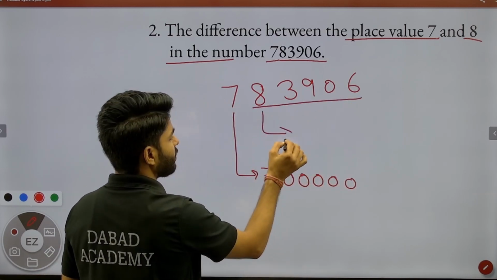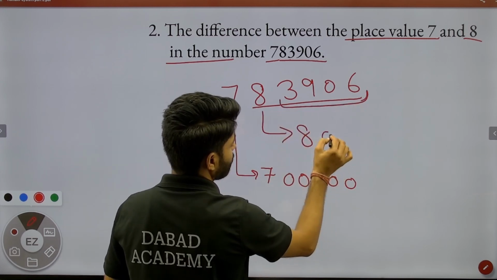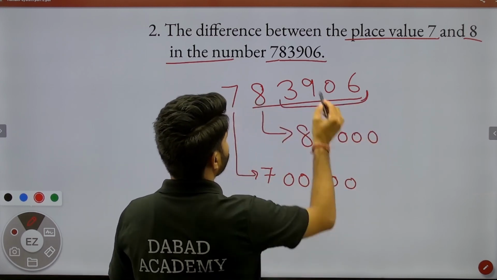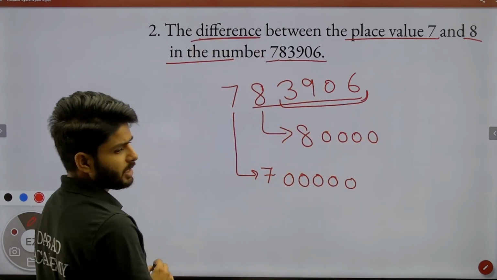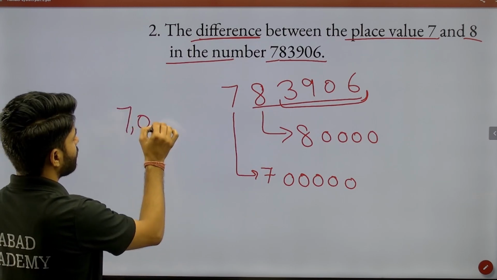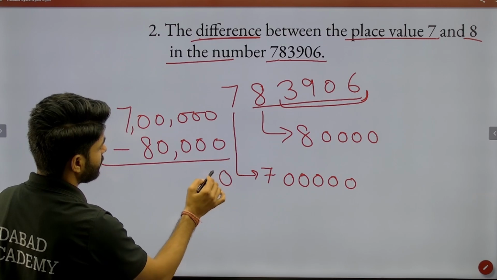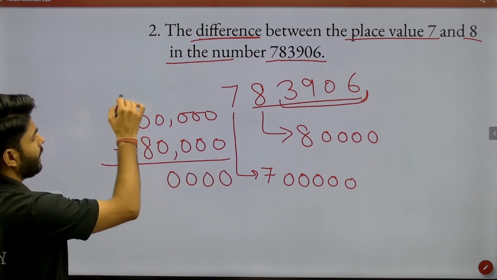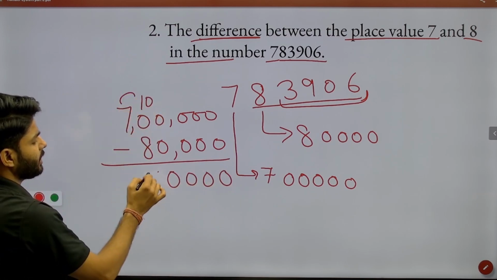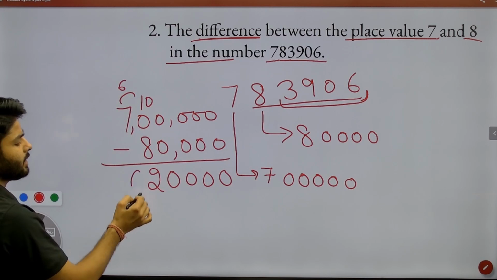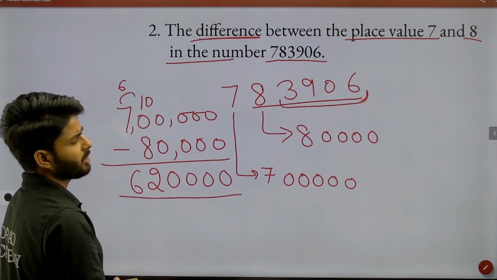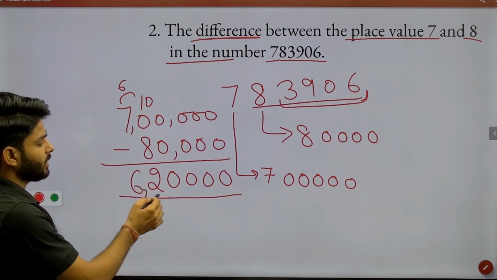In the place value of 8 we have 4 digits after it, so we have to write 4 zeros here. Now we have to find the difference, so we easily subtract it. If we subtract, here is 0, 0, 0, 0 and we take carry here, 10, in 10 we get 2, and in 7 that is 6. So the difference between the place value of 7 and 8 is 6,20,000.